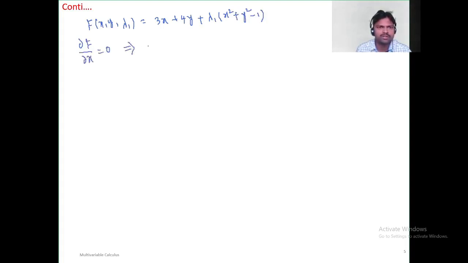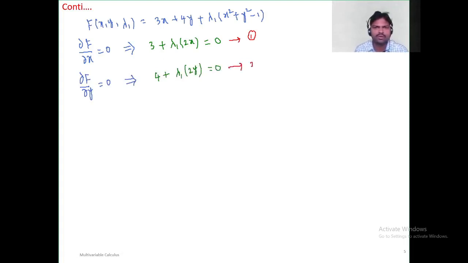With respect to x you take the derivative, therefore it is 3 plus lambda 1 times 2x, which is equal to 0. Assume this is equation number 1. Next, dou F by dou y is equal to 0, because it is a two variable function. That is 4 plus lambda 1 into 2y, which is equal to 0. Assume this is equation number 2.